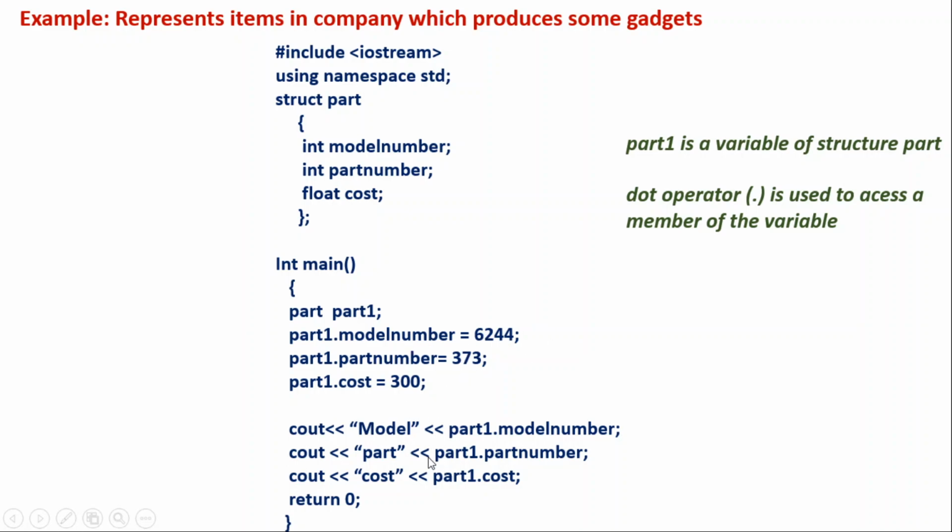When I finally run this program, after execution, 6244, 373 and 300 will be printed on the screen. So this is how this program works, and this is the basic feature of a structure. I hope you understood well, and if you have any doubts, please comment. Thank you very much.